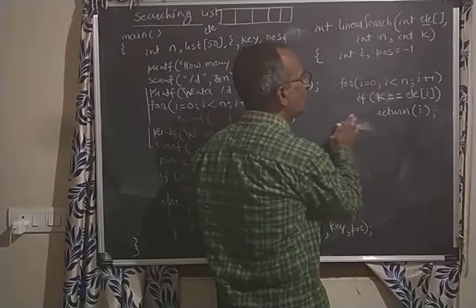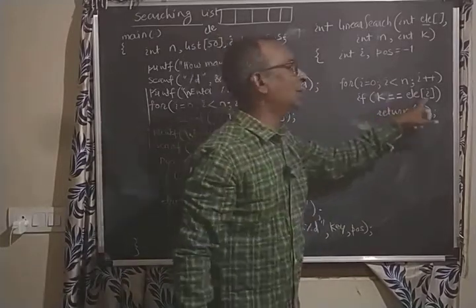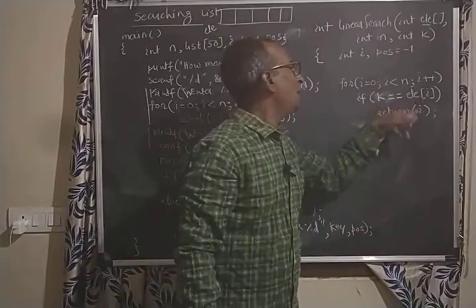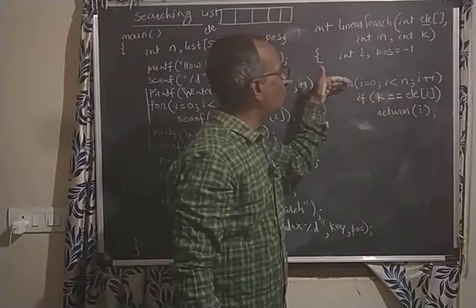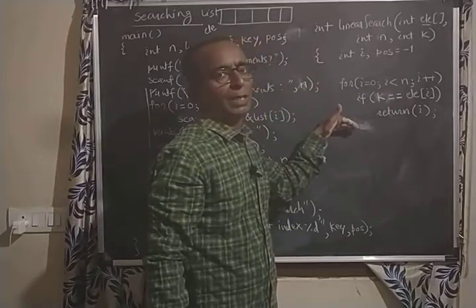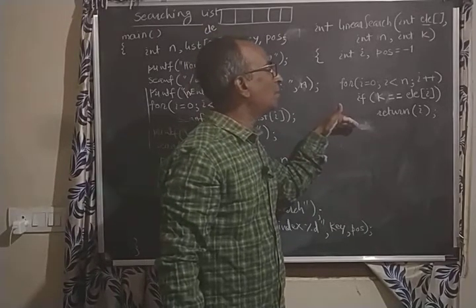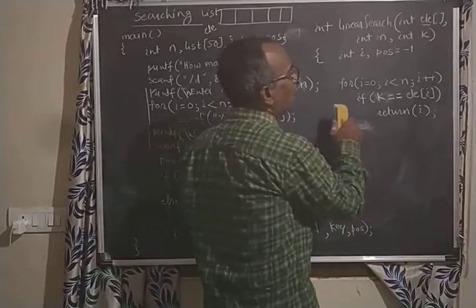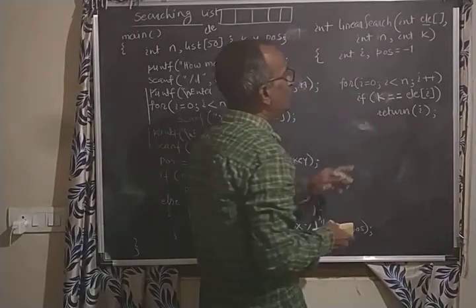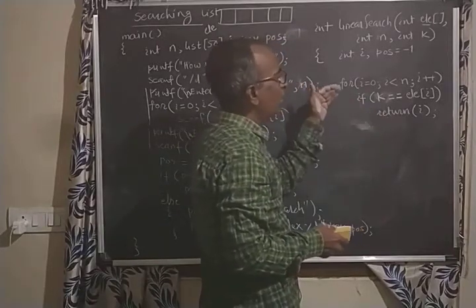If this is not the case, we are comparing with every element. If the element is not there, the list will be exhausted and it will come out of this loop. So when you say that it is, it will return from here.